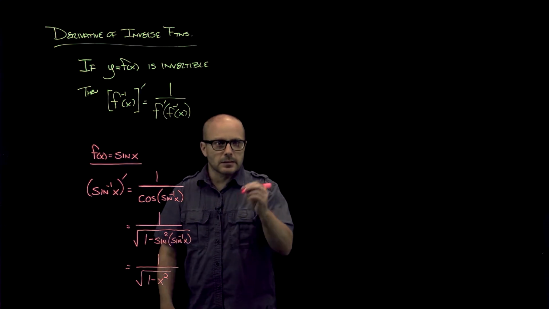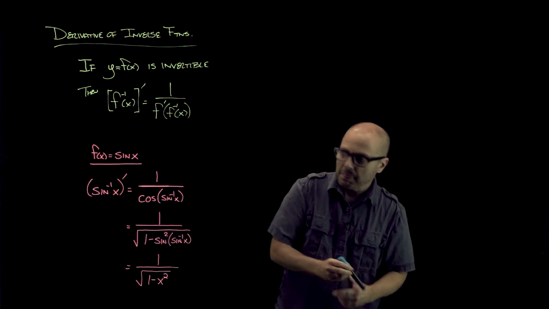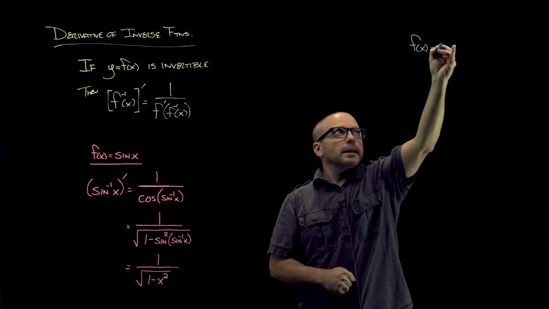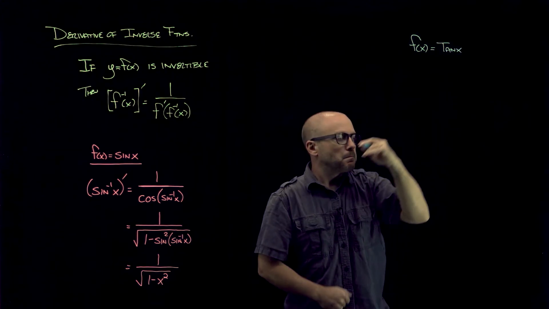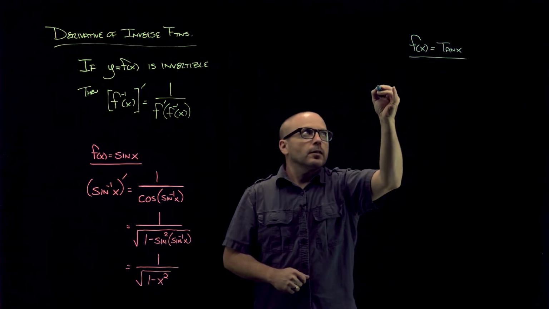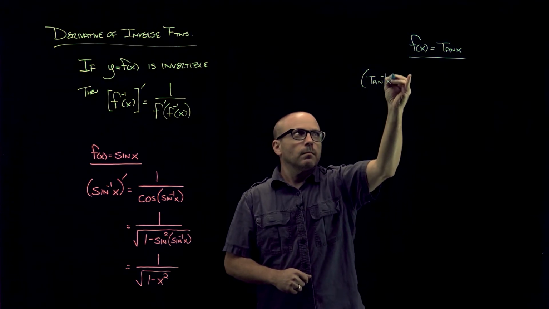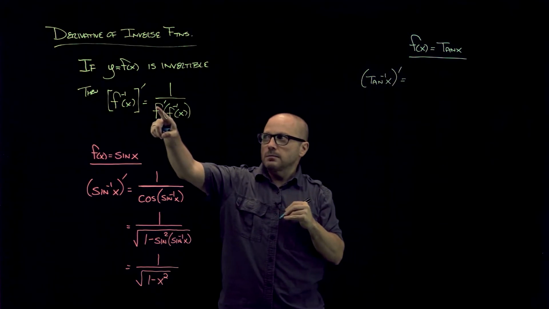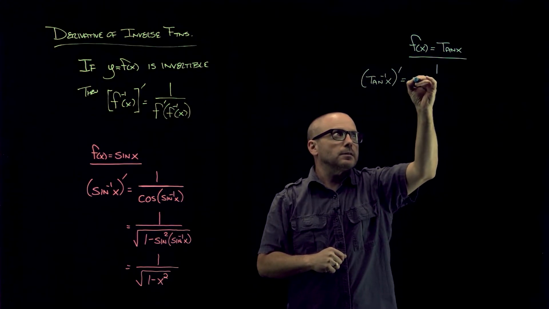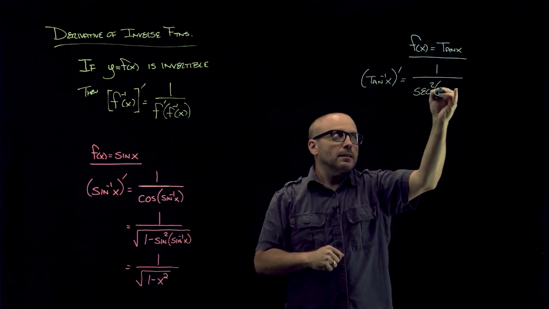Likewise, let's look at tangent. So the derivative of tan inverse, according to our theorem here, should be 1 over the derivative of tangent, which is secant squared, evaluated at that inverse.